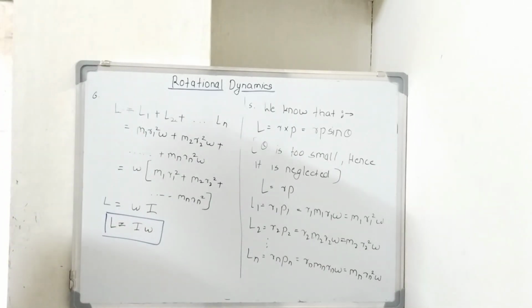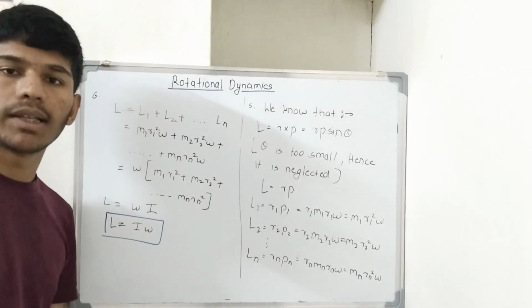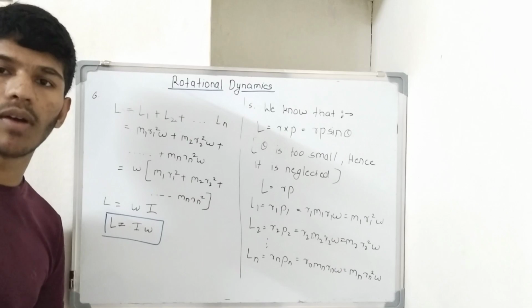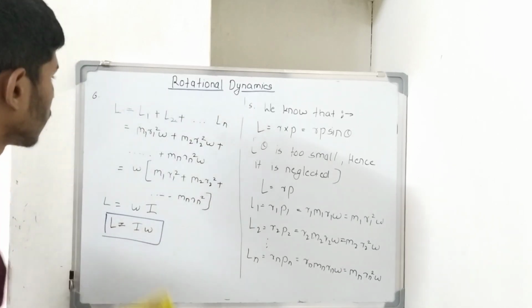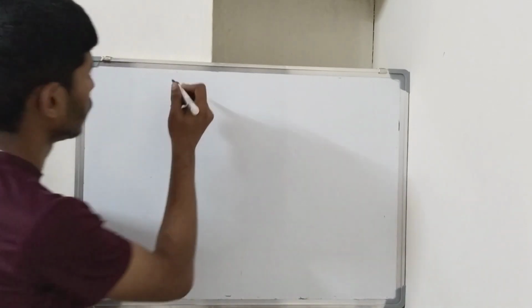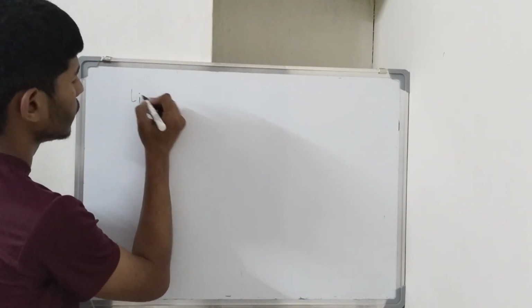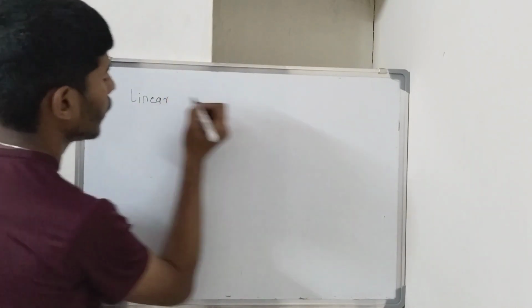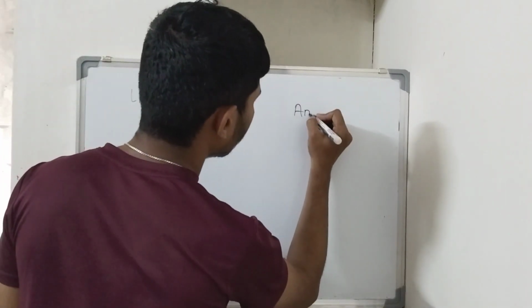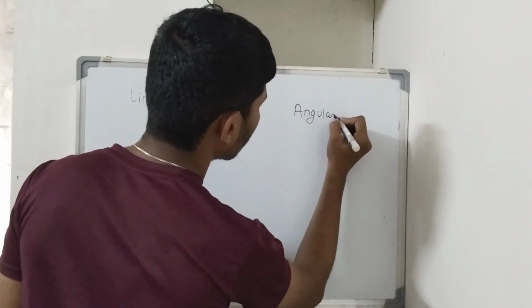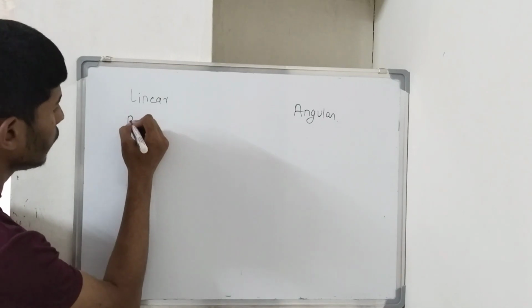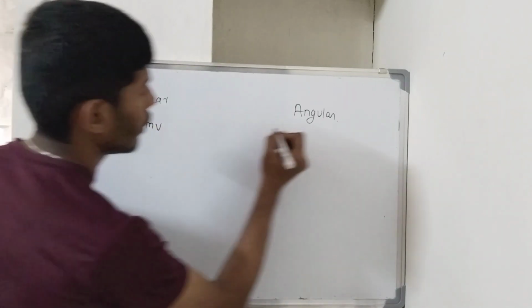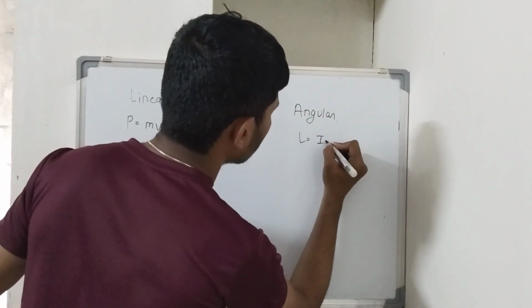Now, we have to compare the analogous quantities, that is angular momentum and linear momentum, and find the difference between them. Here it comes as linear momentum and here angular momentum. Here it is P is equal to mv, here it is L is equal to I omega.